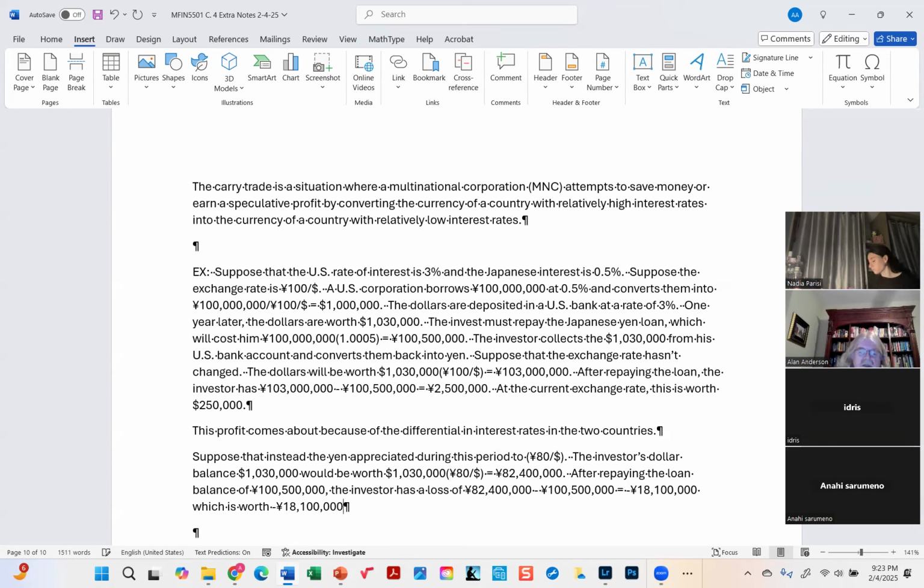Oh, this is divided by 80. So when you divide by 80, you get negative 226,250.